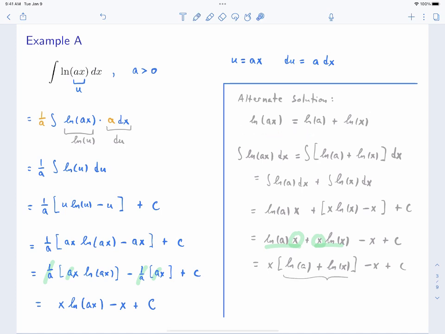It's this rule right here. So this is just ln of a times x, and what do we end up with? We end up with x ln of a times x minus x plus a constant. And of course, this is the same thing that we had before. So this is an alternate way to do the same problem, and this is often the case with integration. You can find more than one way to find the correct answer.